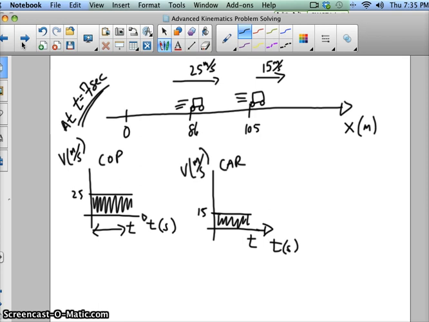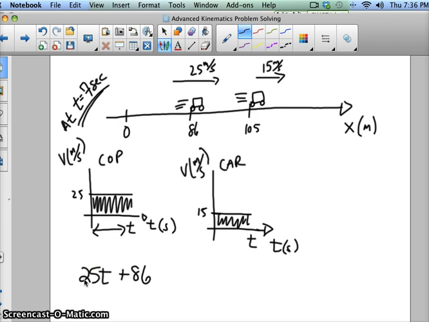So the car's velocity is 15t, right? I don't know if I said that right. Let me try to clean it up. So the cop is going to travel 25t, right, plus the 86 meters that he traveled while speeding up, right?